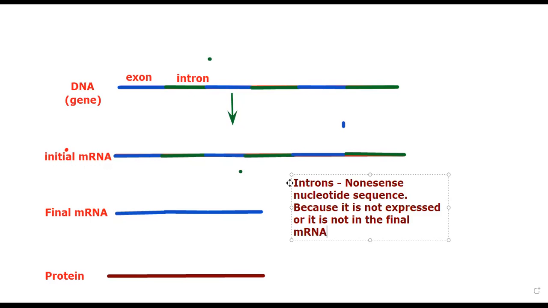So your table is telling whether this intron is present or absent in the genes. Understood? Yes, sir. Are you clear, everyone? Yes, sir. Some of them have introns, some of them don't have introns.